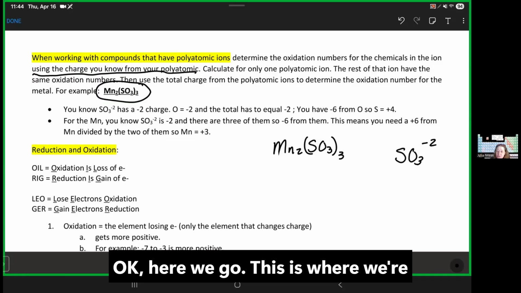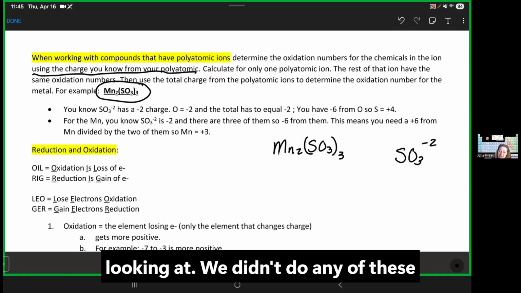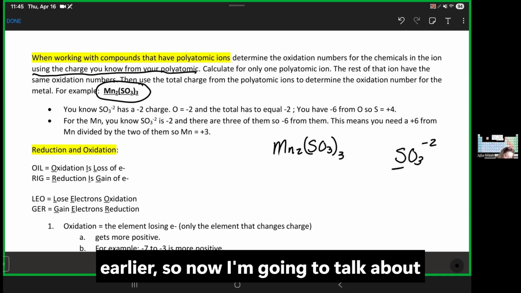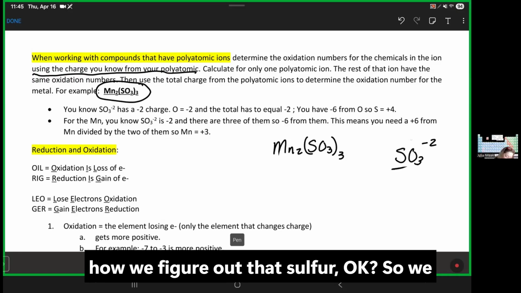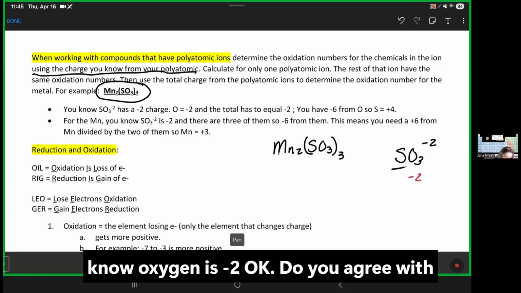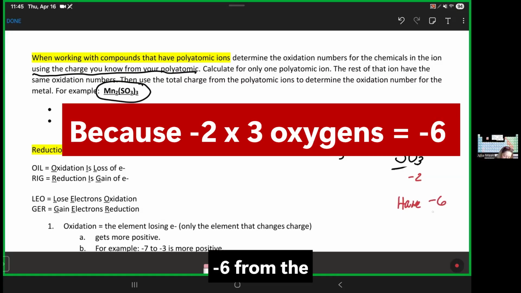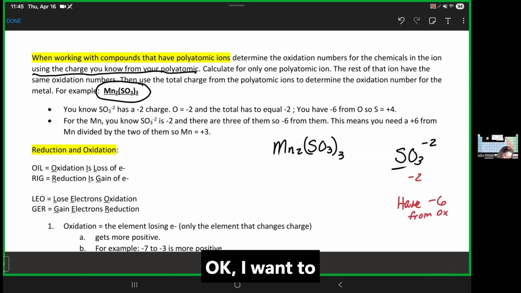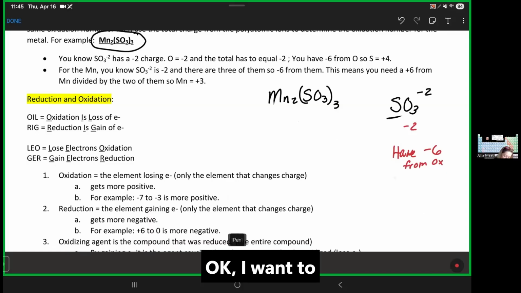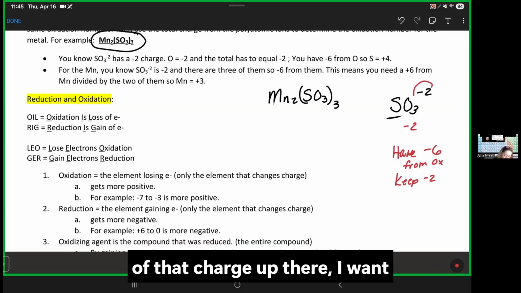Here we go. This is where we didn't do any of these earlier. So now I'm going to talk about how we figure out that sulfur. We know oxygen is -2. Do you agree with me that I have -6 from the oxygens? I want to keep -2 because of that charge up there.